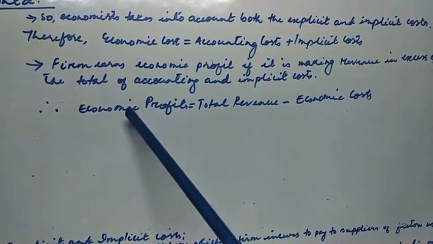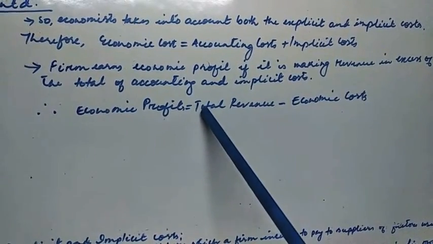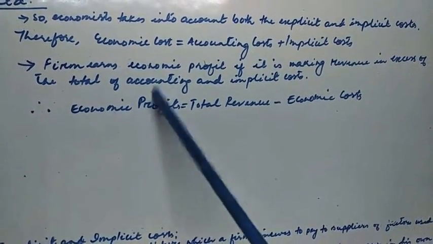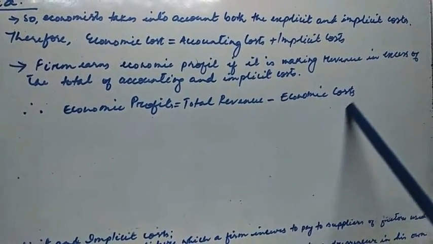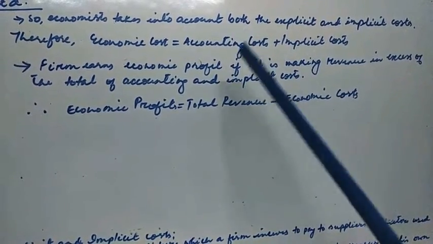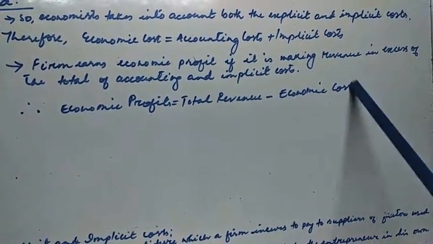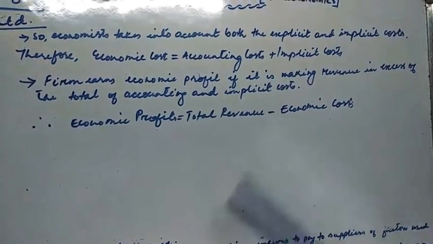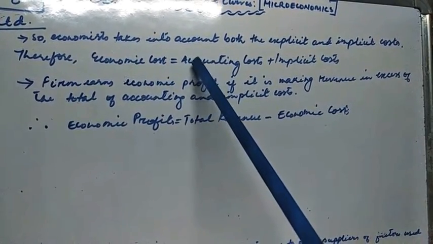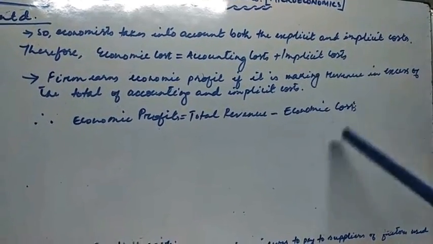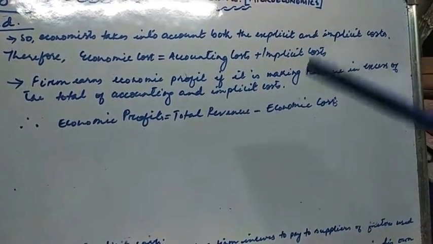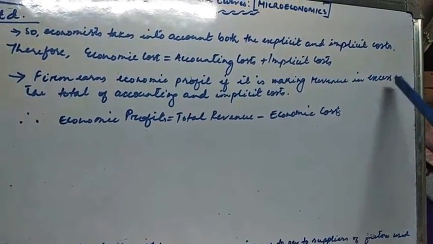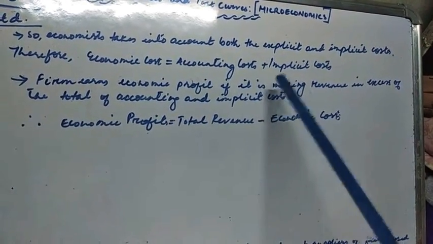So economic profit can be given by total revenue minus economic cost, because economic cost is both accounting cost plus implicit cost. Because of that, a firm earns economic profit only if it is making revenue in excess of the total accounting and also the implicit cost.